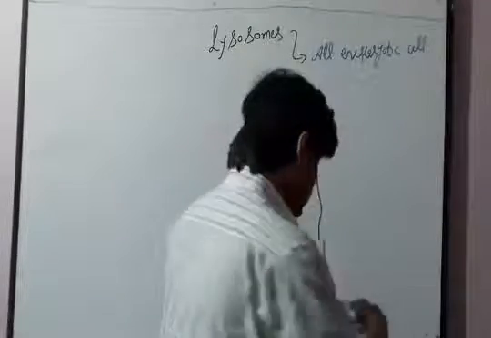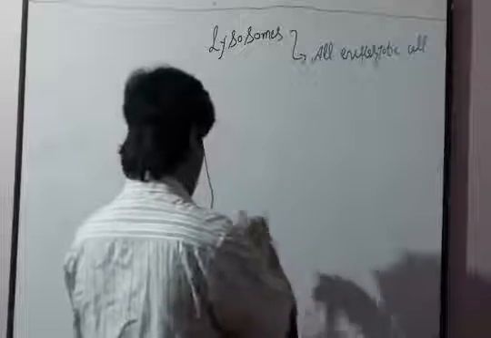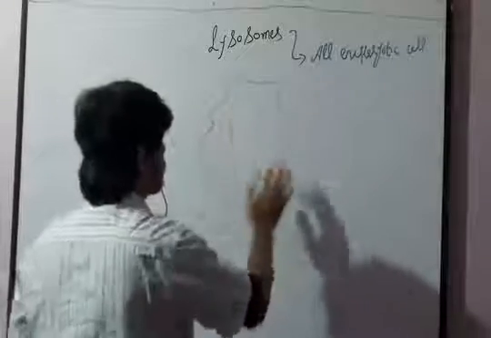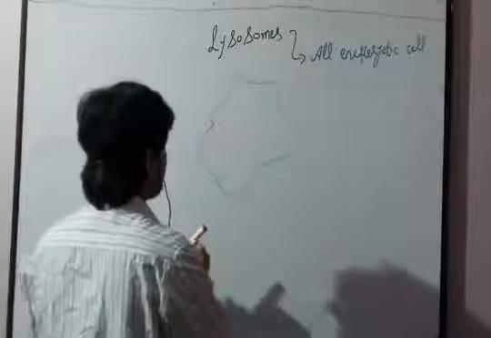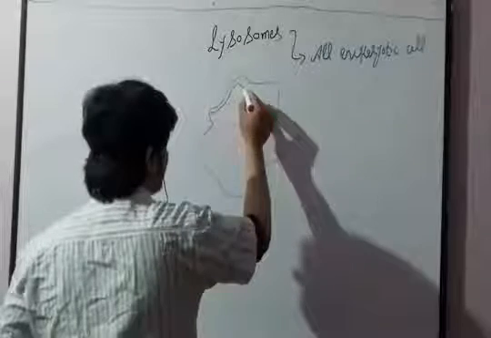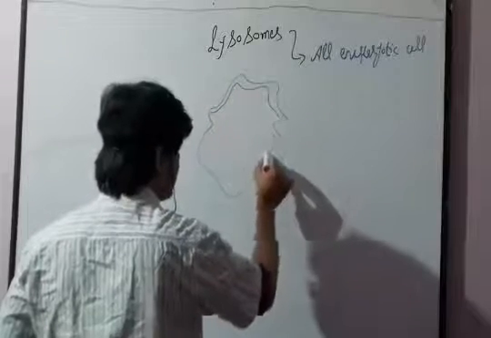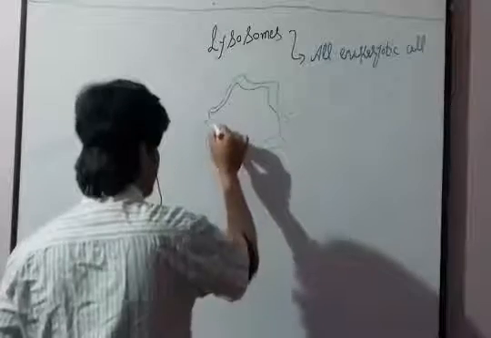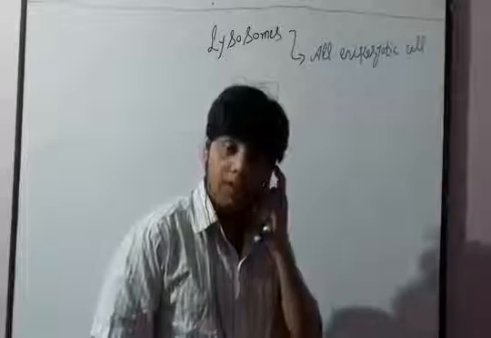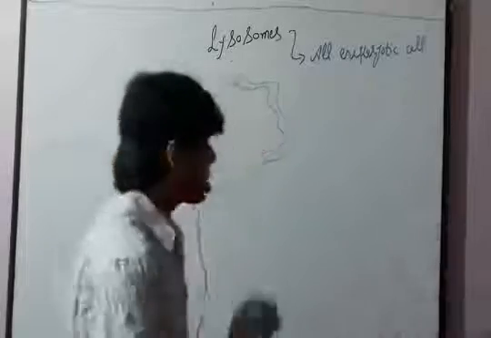Now if we see the structure of the lysosomes, how will the lysosomes look? The lysosomes are actually rough spherical. And one thing more, lysosomes are actually membrane bounded organelles. So inside the eukaryotic cell, the lysosomes are single membrane bounded organelles.